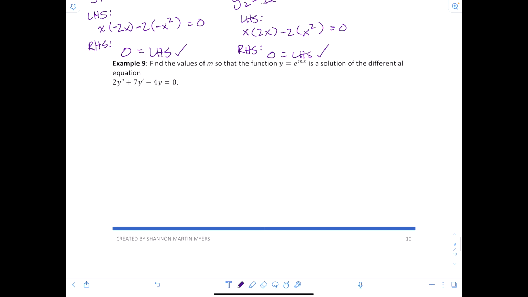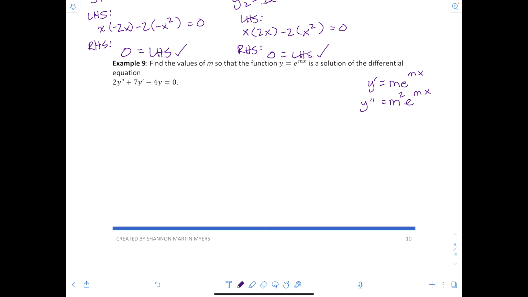So example 9. Find the values of m so that the function y equals e to the mx is a solution of the differential equation. All right, well, we have a second order differential equation. So we need those derivatives. So y prime is going to be me raised to the mx. Y double prime will be m times m, which is m squared, e to the mx.